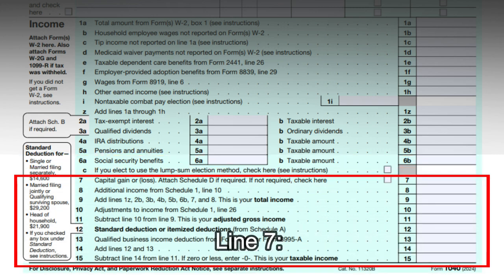It refers to the profit or loss from the sale of an asset, such as stocks, bonds, real estate, or other investments. Line 8. Schedule 1, line 10 of the tax return is where you report additional income that doesn't fit into the categories reported directly on Form 1040, like wages, interest, dividends, etc. It includes a variety of income sources that must be reported separately.